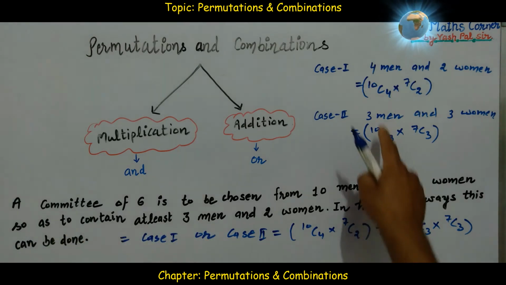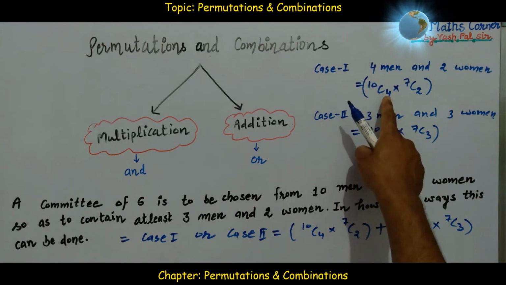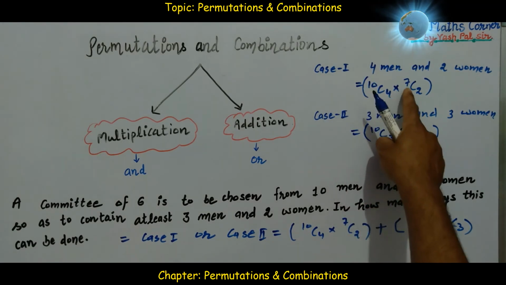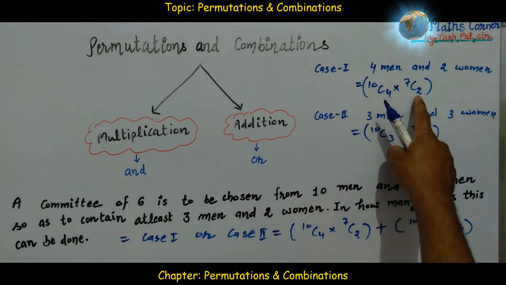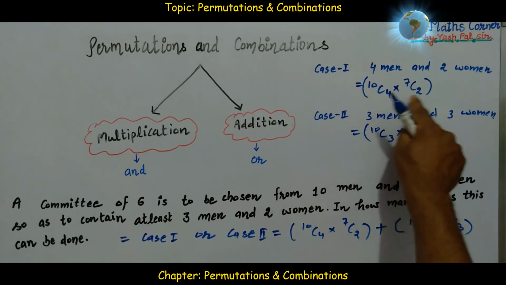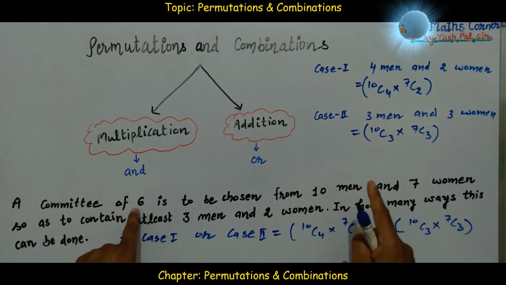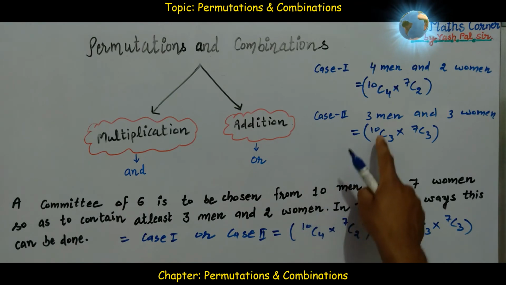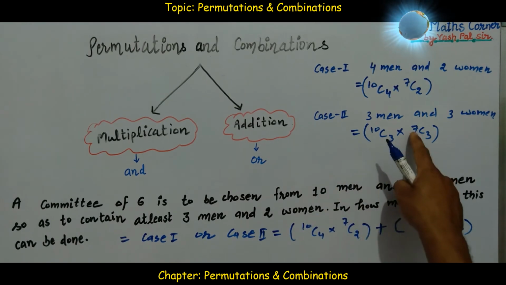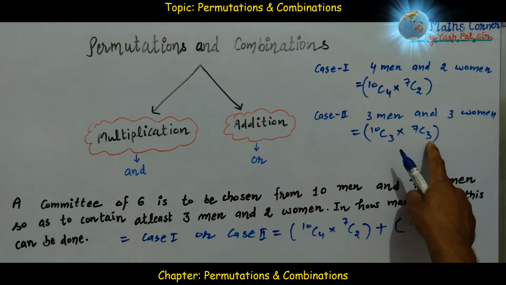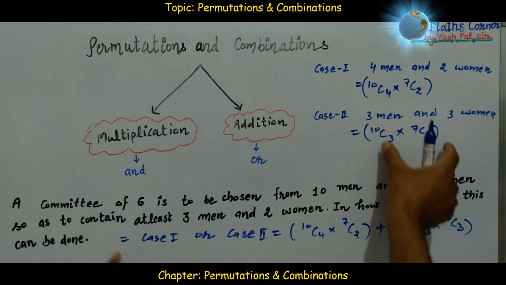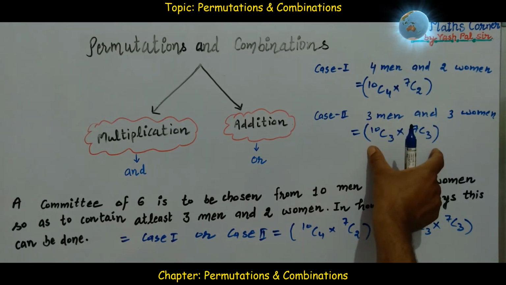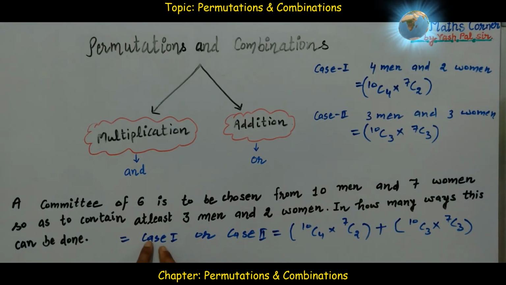First, out of 10 men we selected 4 men, and out of 7 women we selected 2 women, so that 4 plus 2, a 6-member committee, is formed. Second case, out of 10 men we selected 3 men, and out of 7 women we selected 3 women, so that 3 plus 3 equals a 6-member committee. So there are two cases, and we write here or. Either case 1 or case 2 will be there.